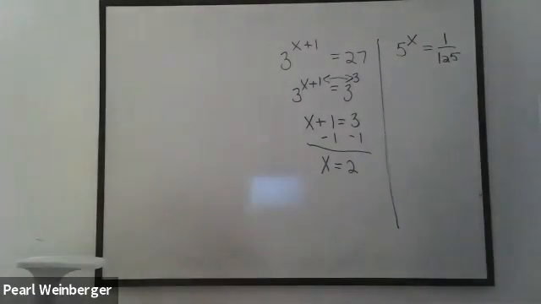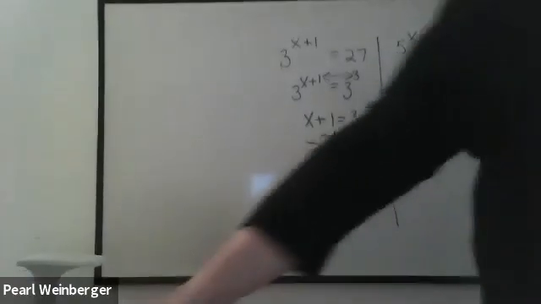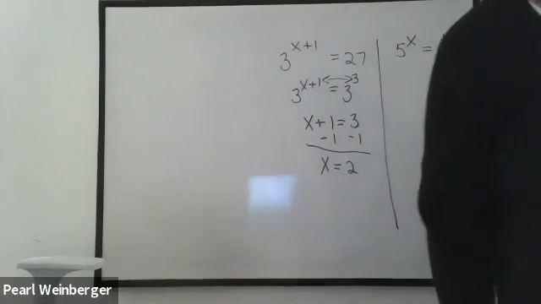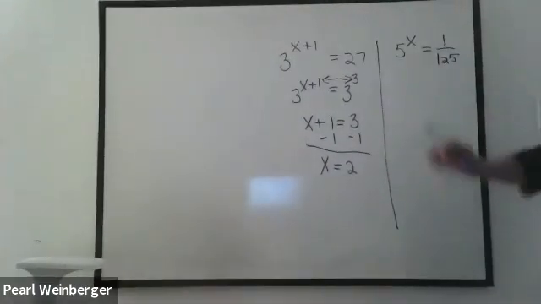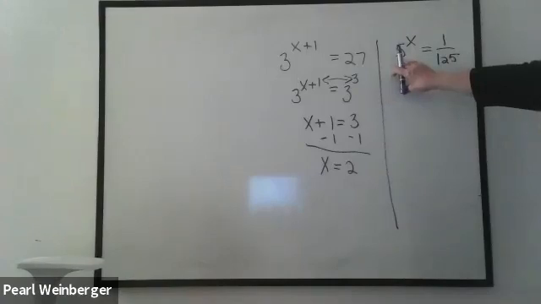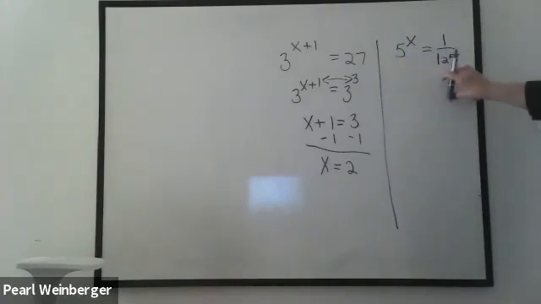How could you solve that equation? What should we do? We're obviously using 5 as our base. What should I do with the 1 over 125?